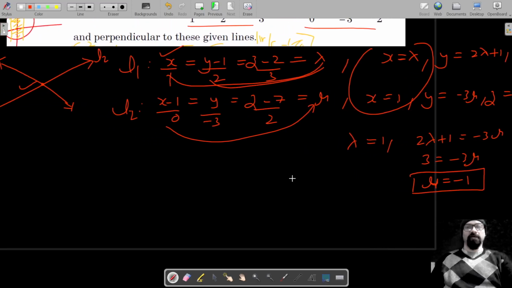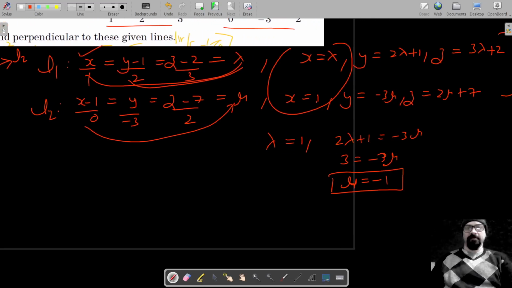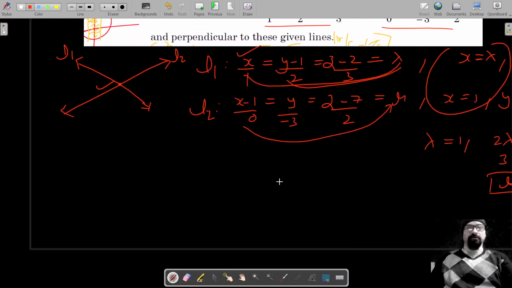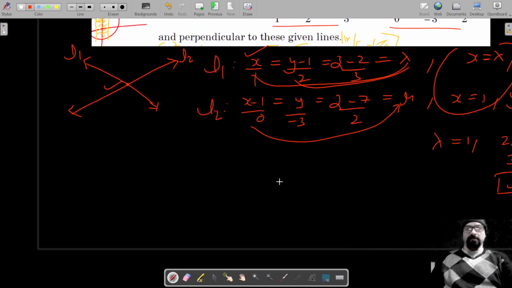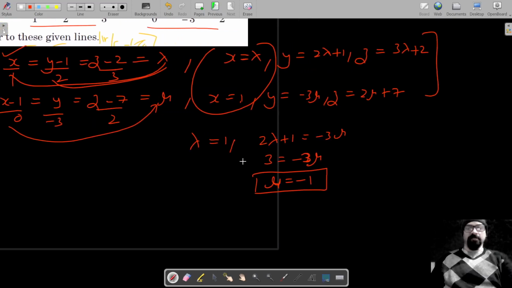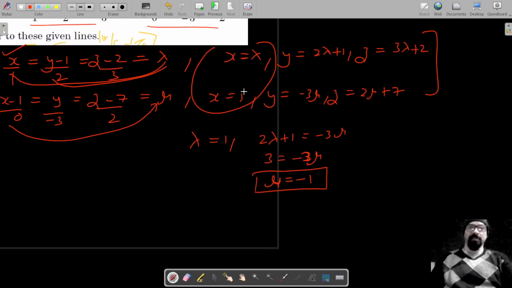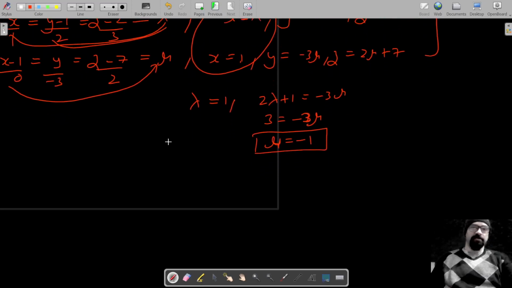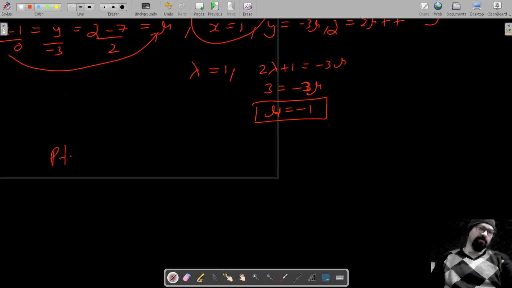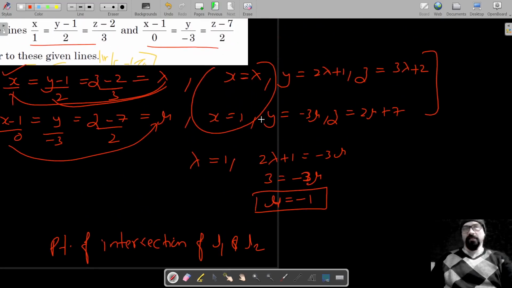So mu is equal to negative 1 and lambda is equal to 1, which gives us the point of intersection of L1 and L2. We can use any of these values to get the point of intersection.